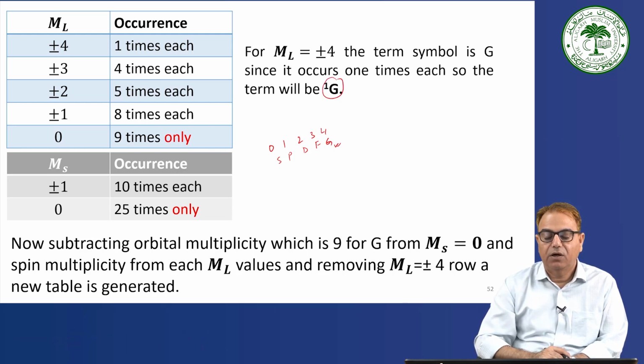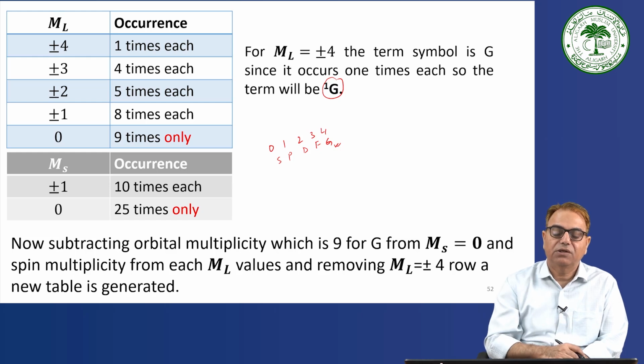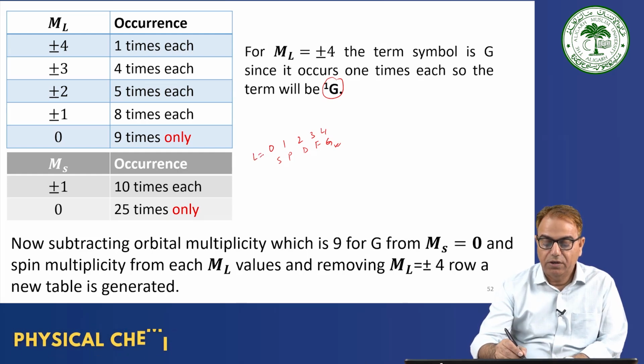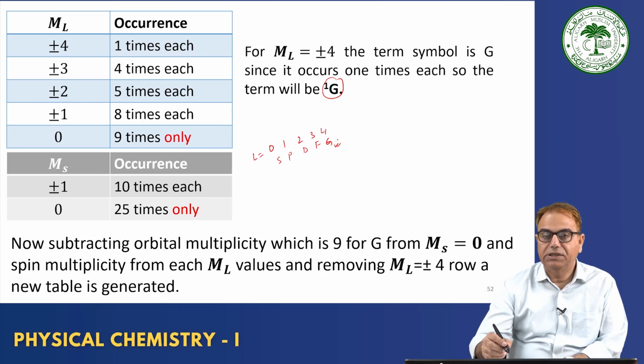How do you write the term symbol? Once you have written it for the highest value of ml, you will omit this row from the table. And now subtracting orbital multiplicity. What is the orbital multiplicity? If L is equal to 4, then our orbital multiplicity is 2L plus 1, so 9 is the orbital multiplicity.